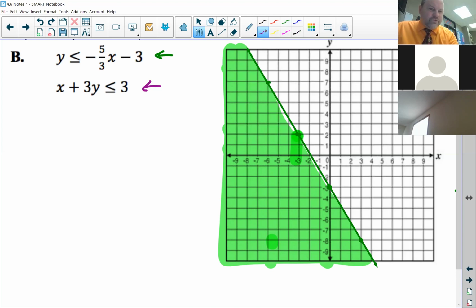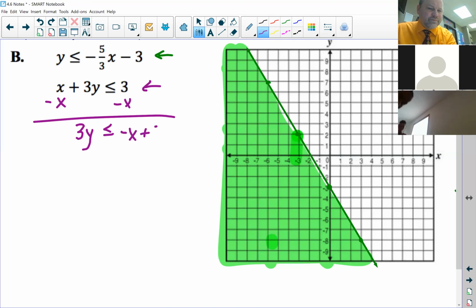If I want to solve my second inequality for y, question, Kayla? Subtract my x. Divide by 3.